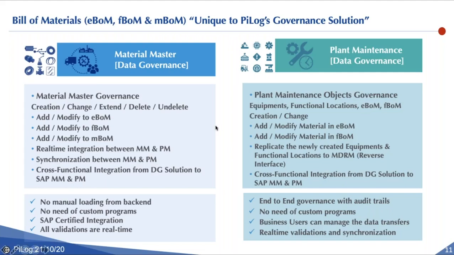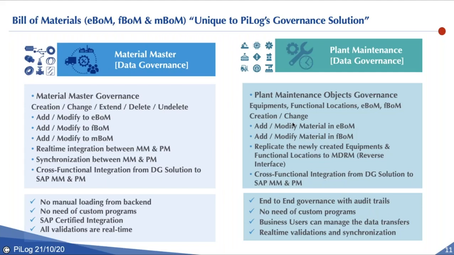And then, from the plant maintenance perspective, if somebody is creating an enterprise asset management object, such as a functional location or an equipment, or it could be the EBOM, whatever it is, it is also dependent on the material master. For example, if you would like to onboard an equipment, then you need to classify it. You need to have the characteristics for that. Once we have the classification of that, then only you would be able to onboard that information into the ERP.